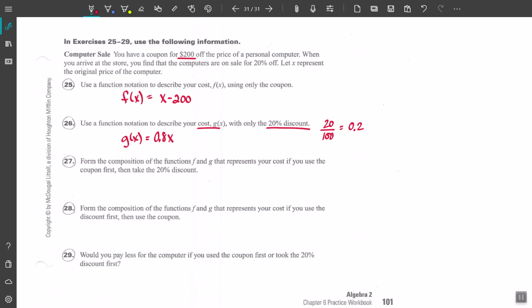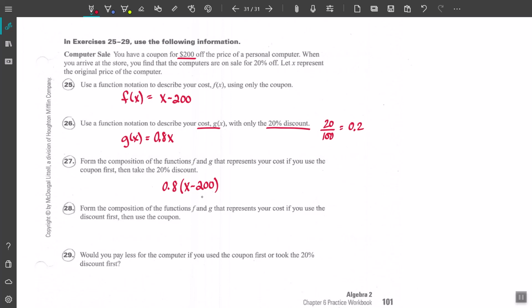In 27, now they say form the composition. So that means like what we did on the front side of the sheet on the bottom, form the composition of the functions f and g that represents your cost if you use the coupon first and then take the 20% off discount. So if we use the coupon first, that's our function f of X. We're going to use that first, and then we'll get a number, and then we'll take that number and multiply it by the discount, the 0.8.